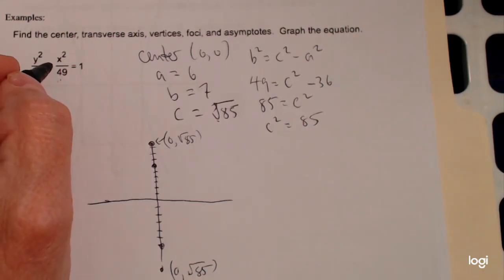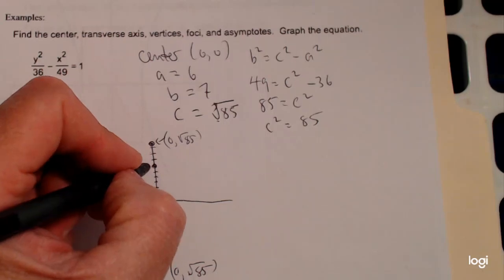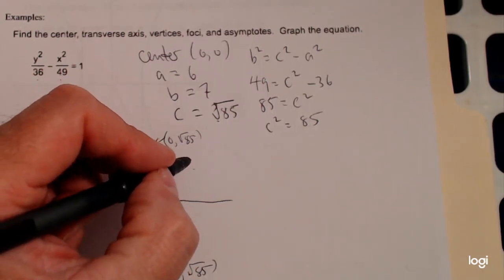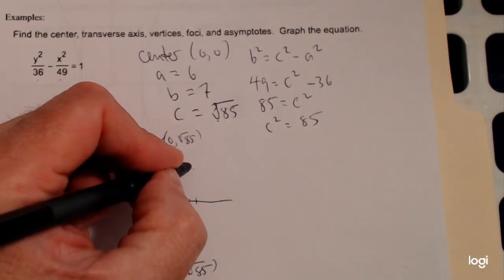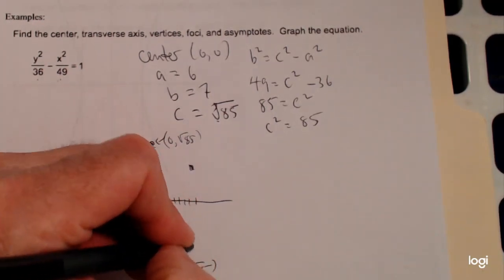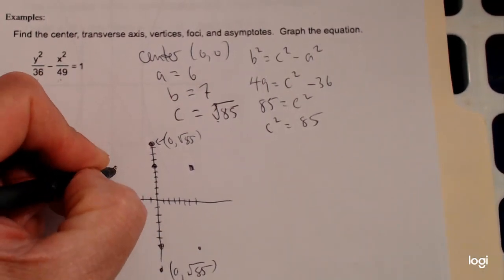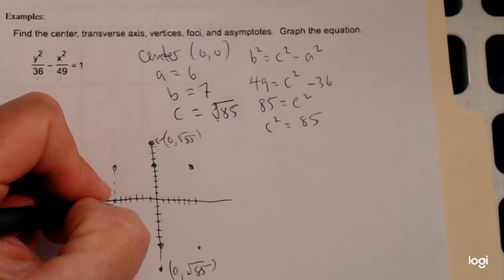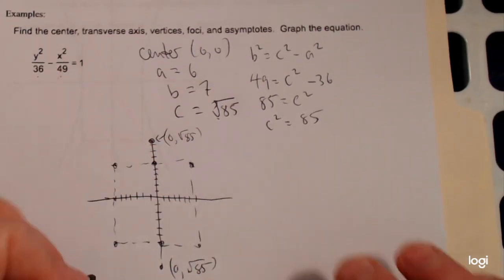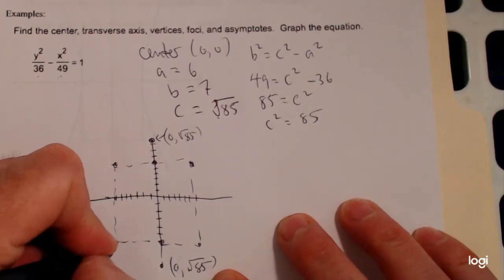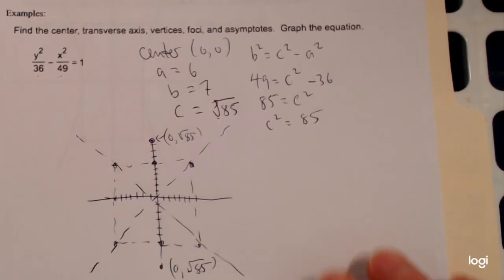And we know that B is 7. So we're going to go 7 this way, 7 that way, 7 that way, and down. We'll make a box. And then the asymptotes go through here like so.